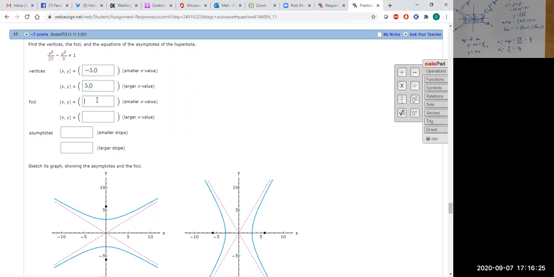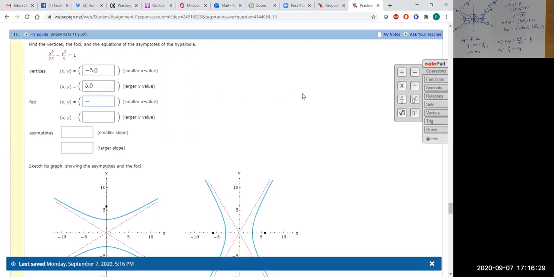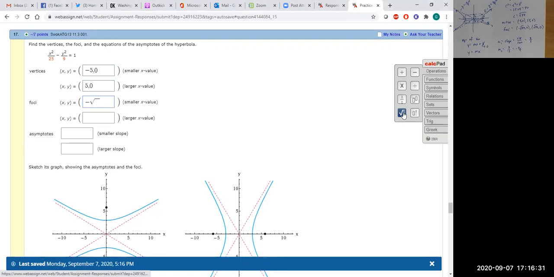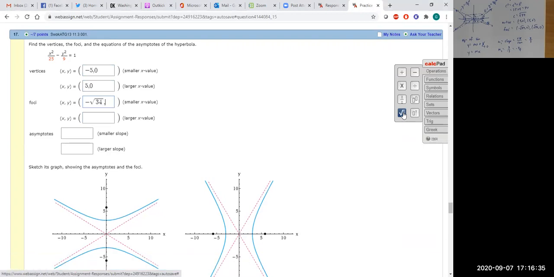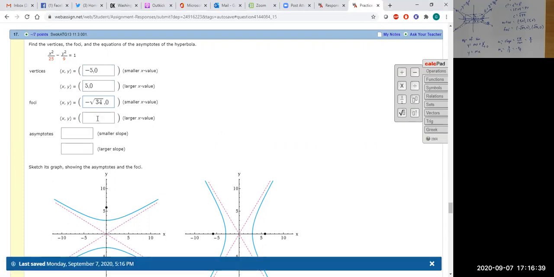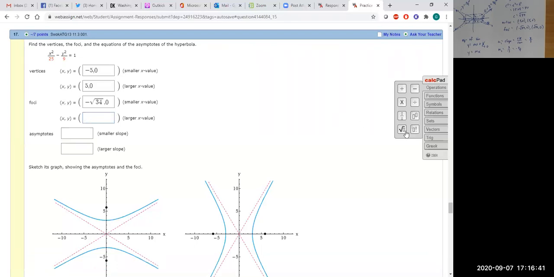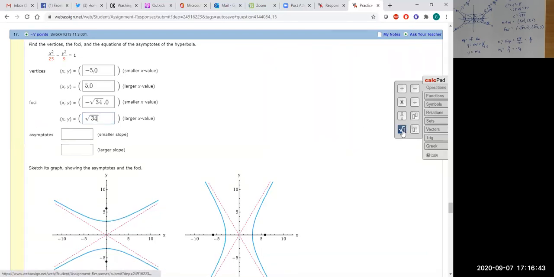Foci, negative square root of 34, 0, and positive square root of 34, 0.